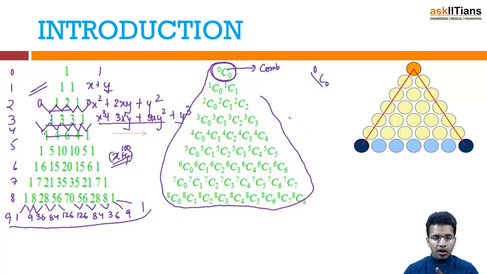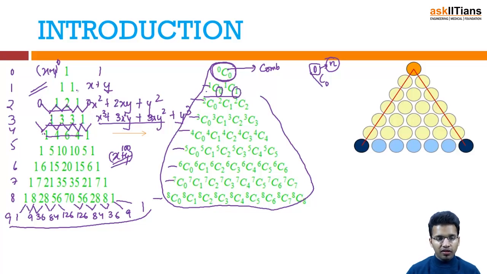The upper one is the index, which was x plus y raised to power 0 here. In this row, the index is 1 2 3 4 5 6 7 8. The lower one is the term number. The first term was x, so C0. It will start from 0, because for the first term we have one more term.